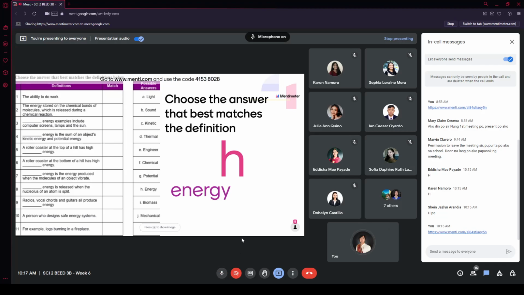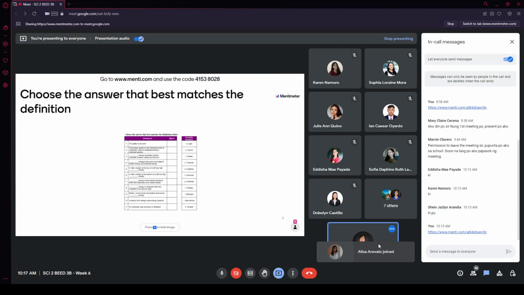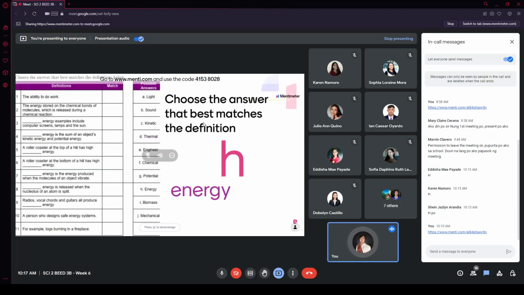Okay. Next one. Okay, so H, energy. Can I get the data here? Okay, so that's how we use Menti, right? What's good about Menti, so I'll say it in English in case we have international participants, is that in using Menti, this is one way to get real-time interaction from your participants, unlike in Google Meet or in chat, where it's very unorganized.